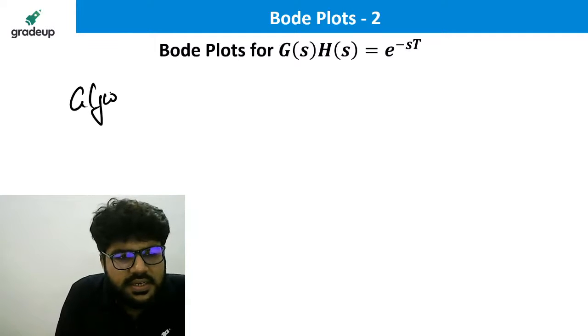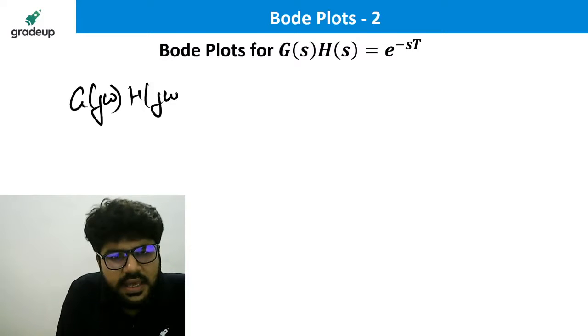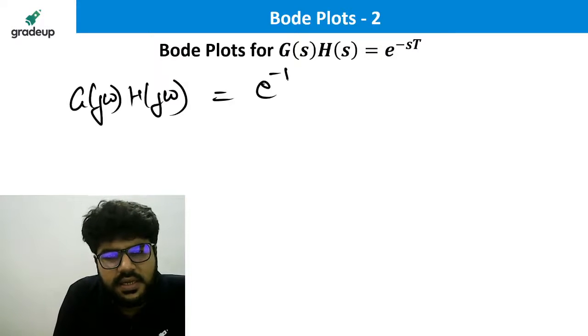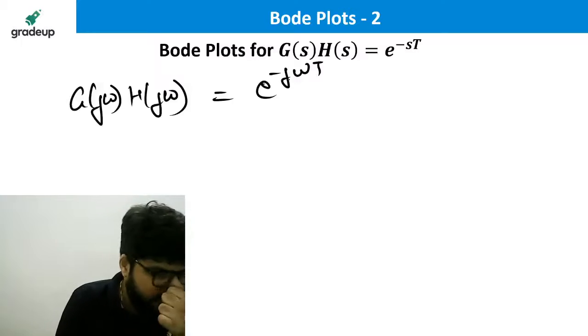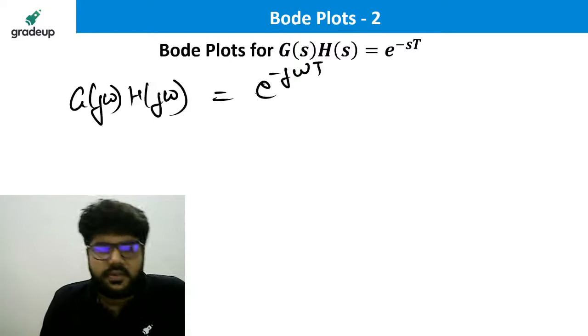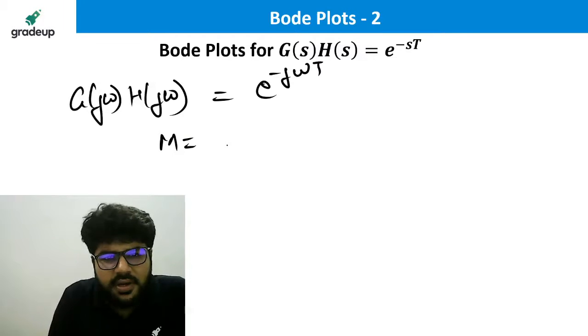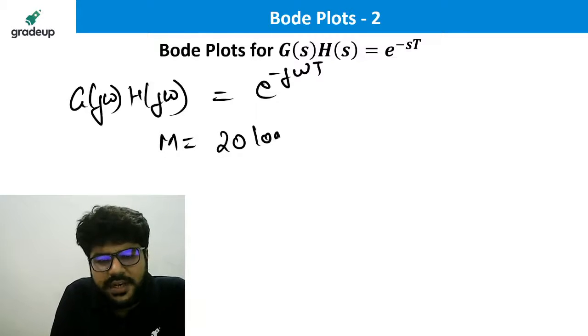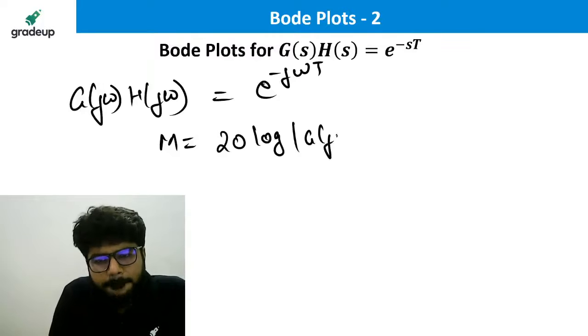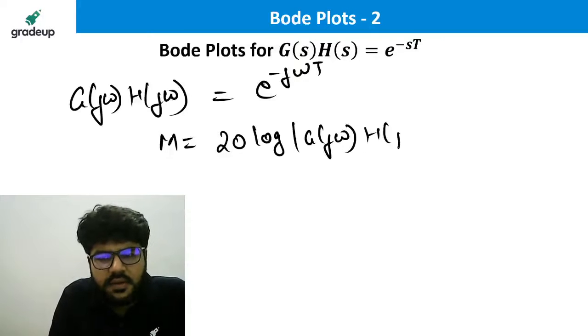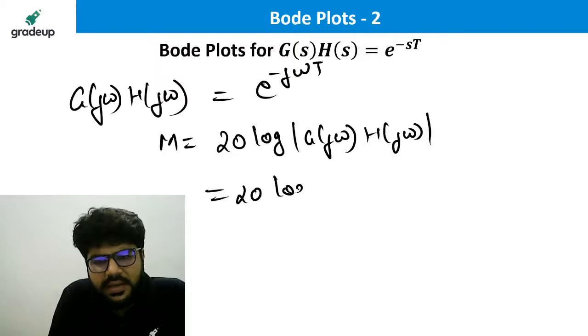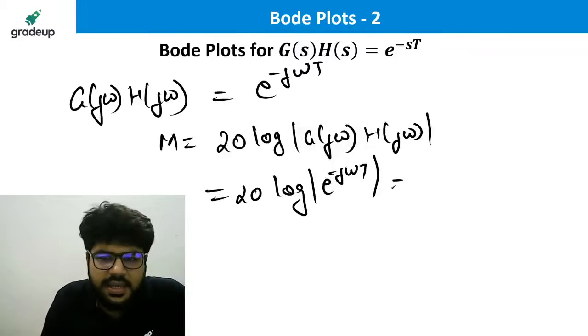So what is G(j omega)? H(j omega) is e raised to the power minus j omega t. So what is the magnitude? Now, we are talking about the Bode plot, so magnitude is obviously 20 log mod of H(j omega), and that is equal to 20 log mod of e power minus j omega t.